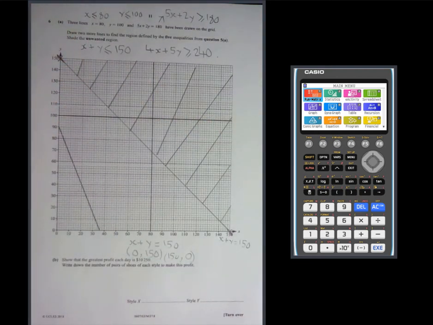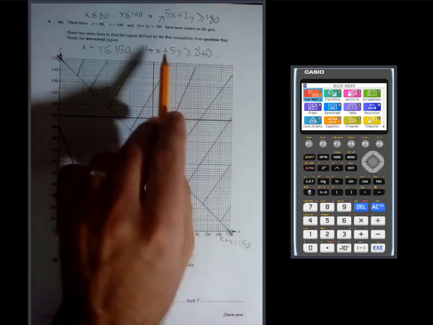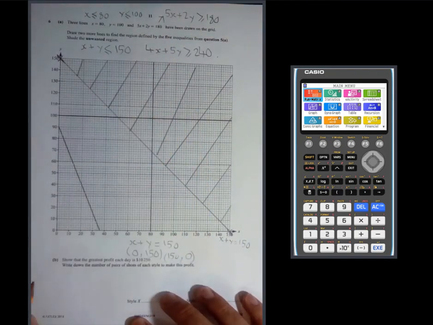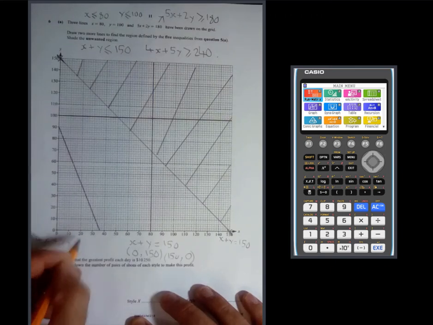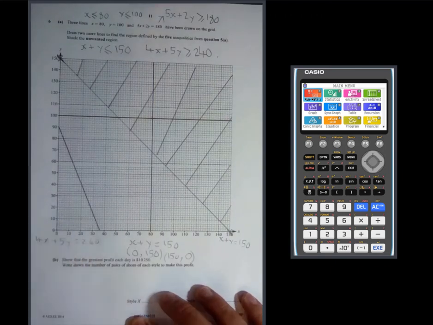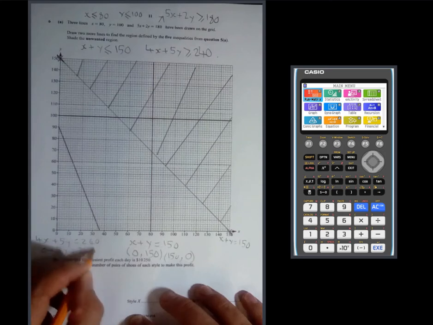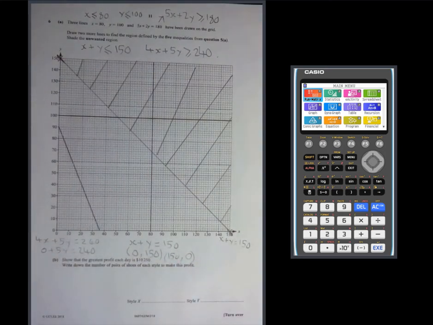Right. The next line we need to draw is 4x plus 5y equals 240. If x was 0, 0 plus 5y equals 240. So that would mean 5y equals 240.